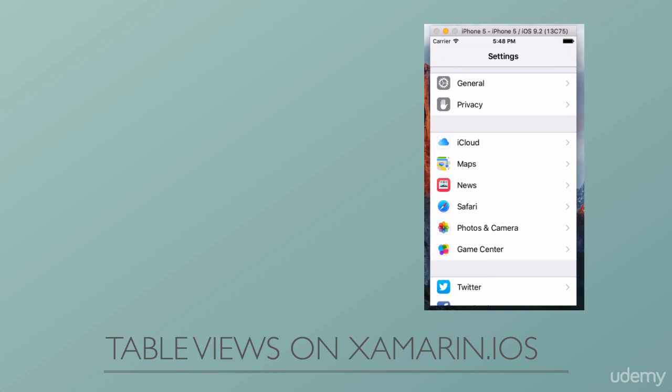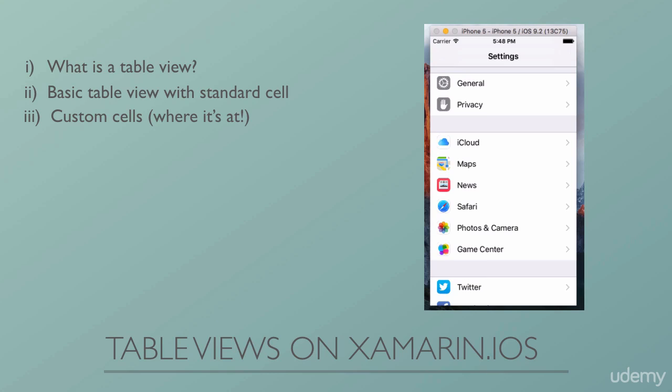Right, in this section we've learnt what a table view is, we've learnt how the data source is used to orchestrate the cells and the bits of data. You created a basic table view with a standard basic cell. Then we looked at where it's at. You learnt how to create a custom cell, which meant you could have any kind of cell your heart desired.